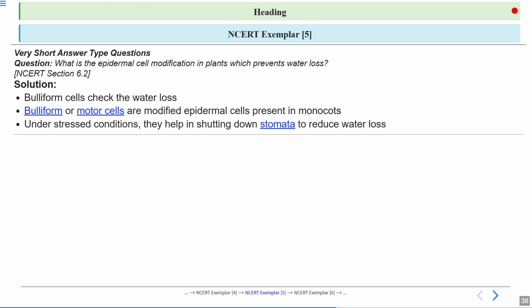They give out the water from the cells and they allow the leaves to curl. And while curling, what happens? They are not getting exposed properly to the sunlight. And in this way, they minimize the rate of transpiration.